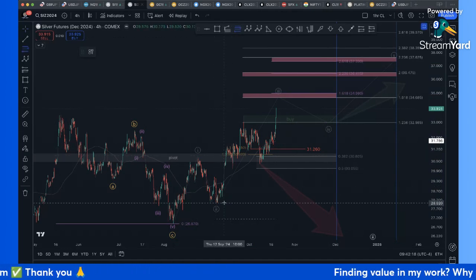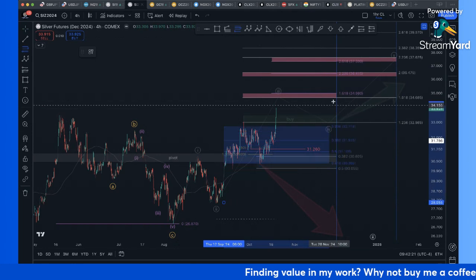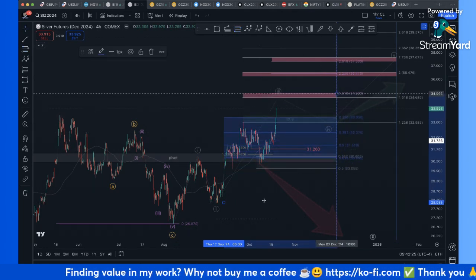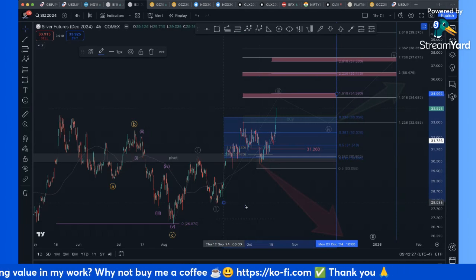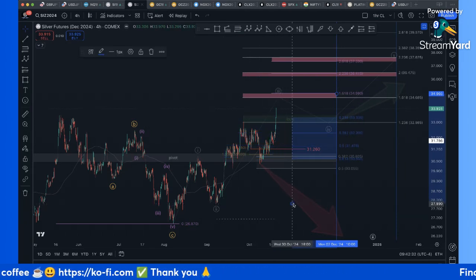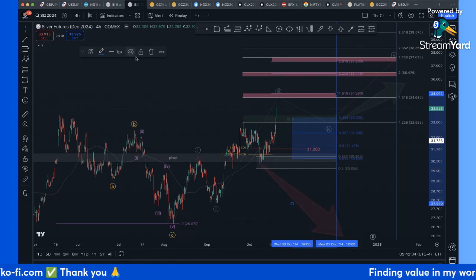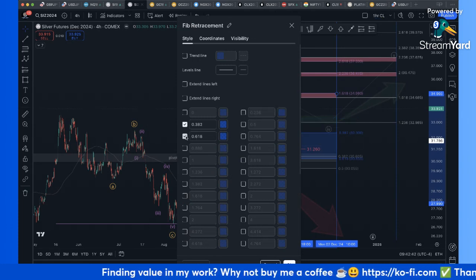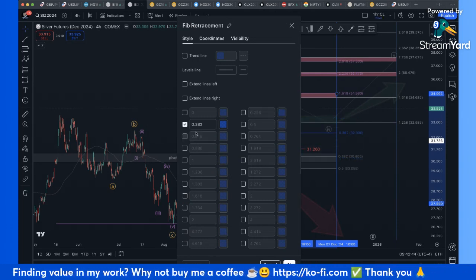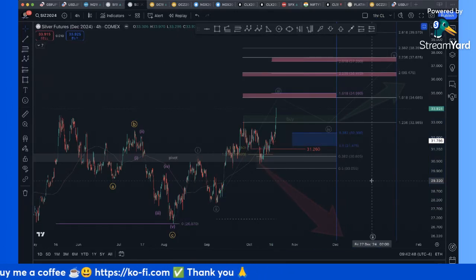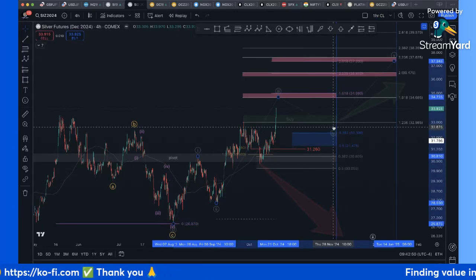Just for purely speculative reasons, I'm going to put this wave 4 idea on the chart. This is pure speculation because we haven't even topped yet. It's still going higher. But what I want to show you is the idea that a wave 4 can absolutely target somewhere down in this area.